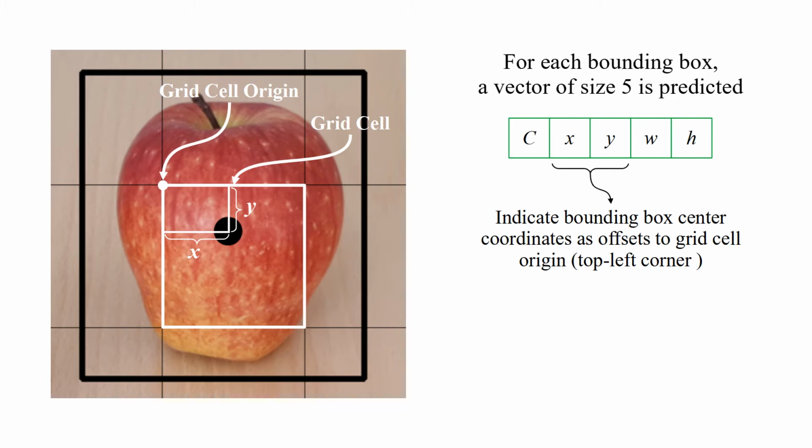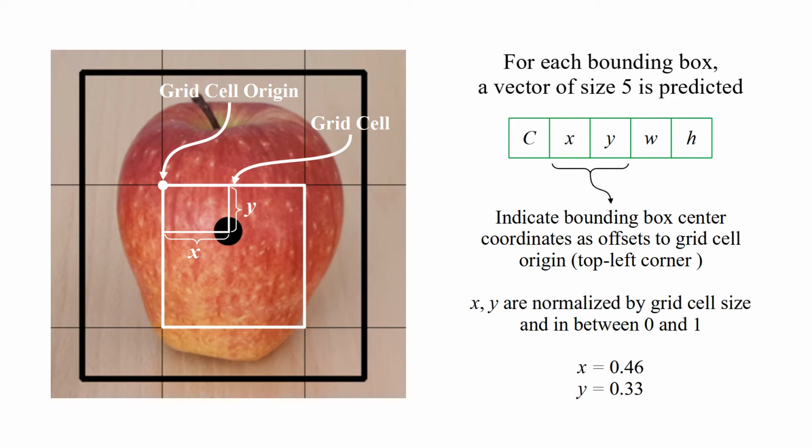X and Y are offsets from grid cell origin to object center. X and Y are normalized by grid cell size and they are in between 0 and 1. For this bounding box, X is 0.46 and Y is 0.33.